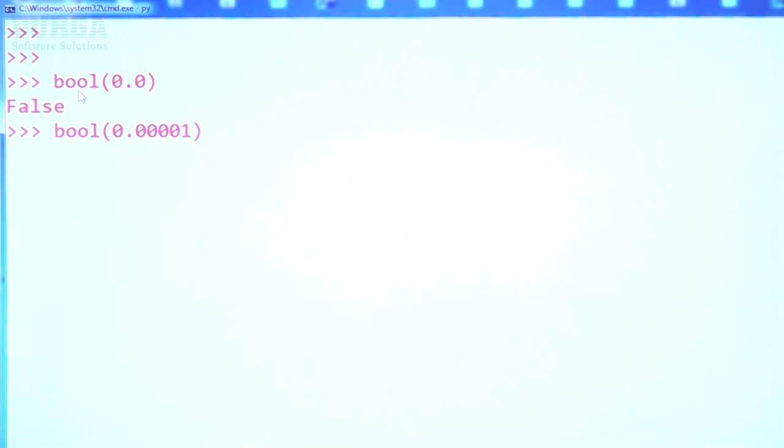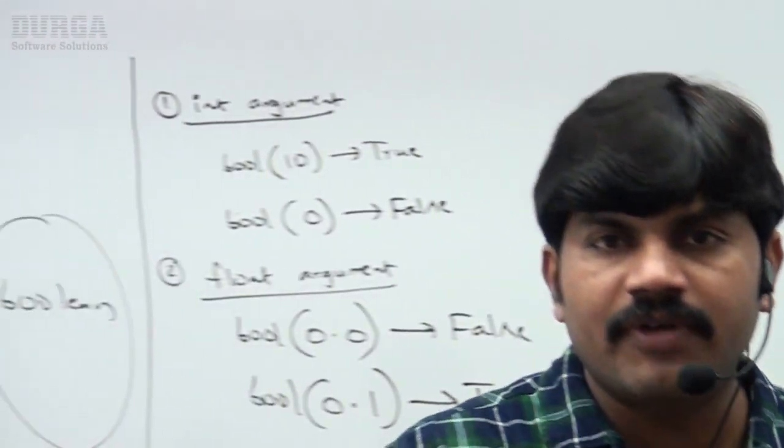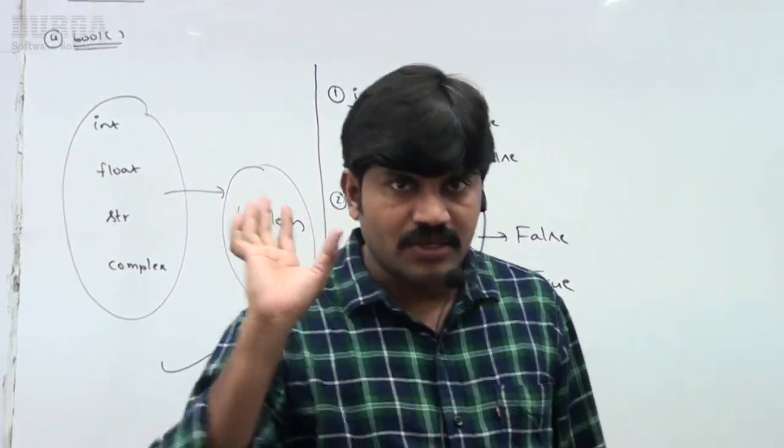Very small value, but it's not 0, that's why True is the answer. Bool of minus 0.00001, still it is True only, because it is not 0. So clear, right? If the total value evaluates to 0, then it is always False. Non-zero is always True, sir.